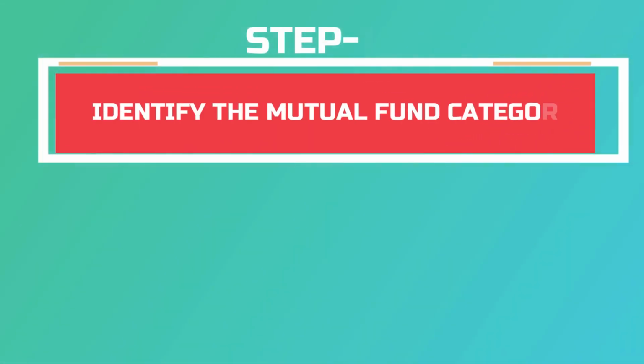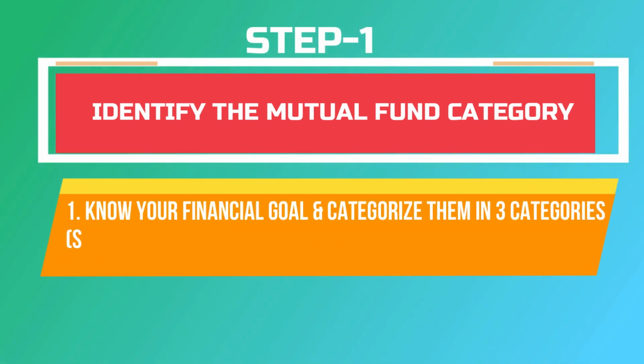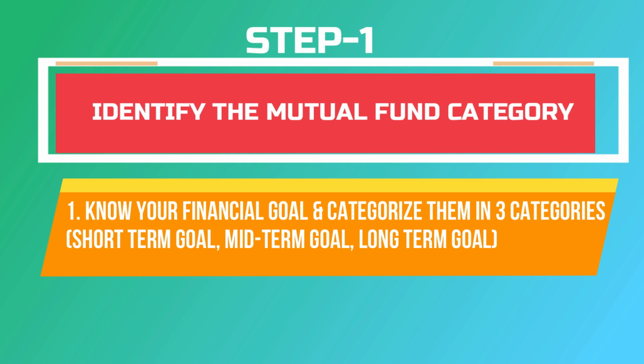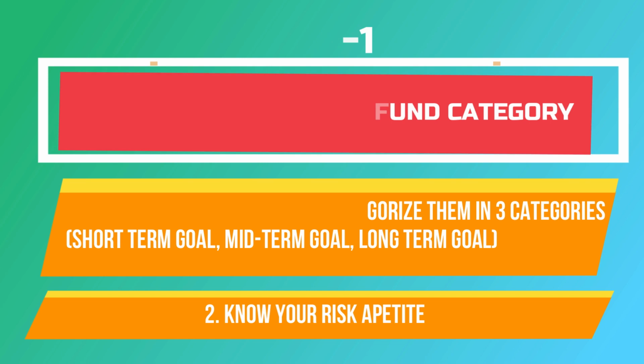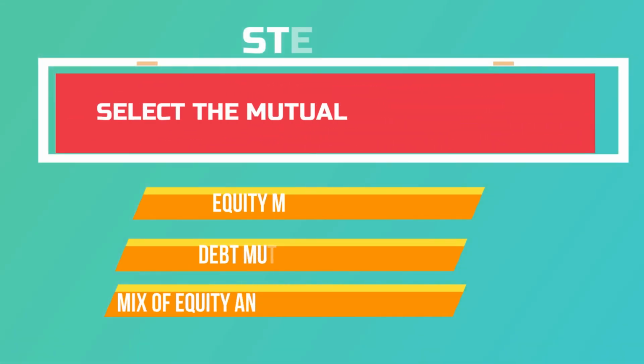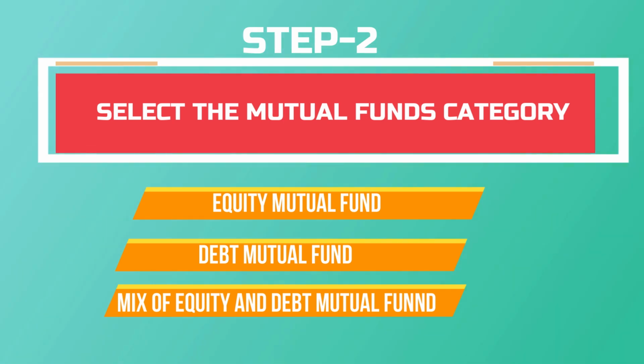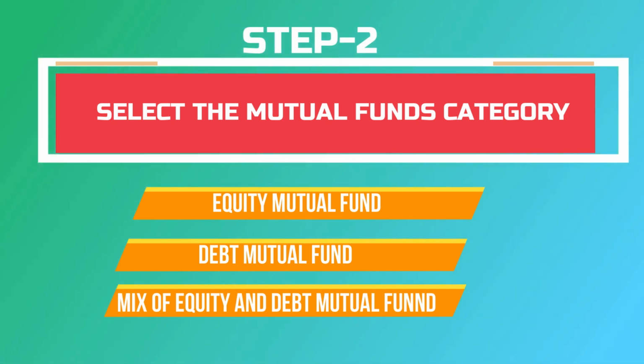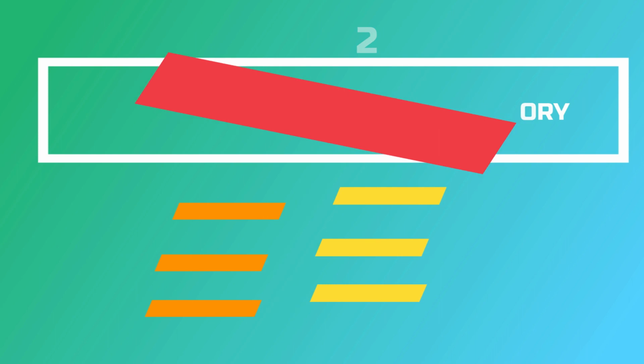To summarize, in step 1, identify the mutual fund category. For that, you need to know your financial goal and categorize it into 3 categories: short-term goal, mid-term goal and long-term goal. You should also know your risk appetite. In step 2, select the mutual fund category like equity mutual fund, debt mutual fund or a mix of equity and debt mutual fund.